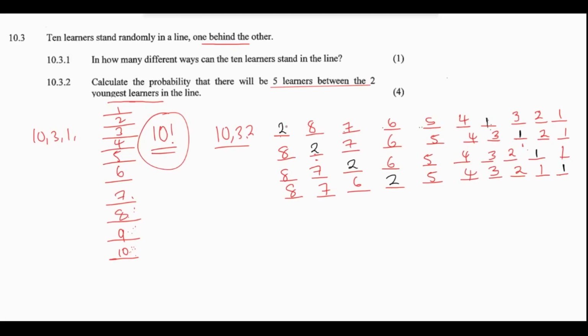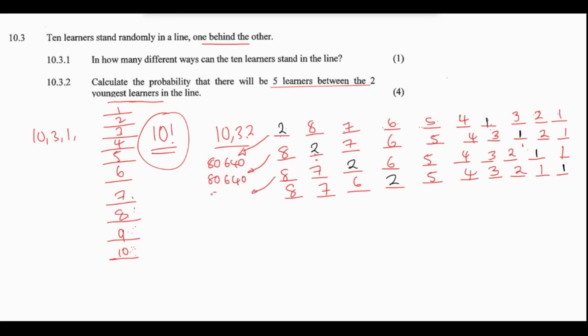We just have to say 2 times 8 times 7 times 6 times 5 times 4 times 1 times 3 times 2 times 1. It's just the same numbers, maybe differently arranged. If you multiply this, the first one will give you 80,640. This one will also give you 80,640.